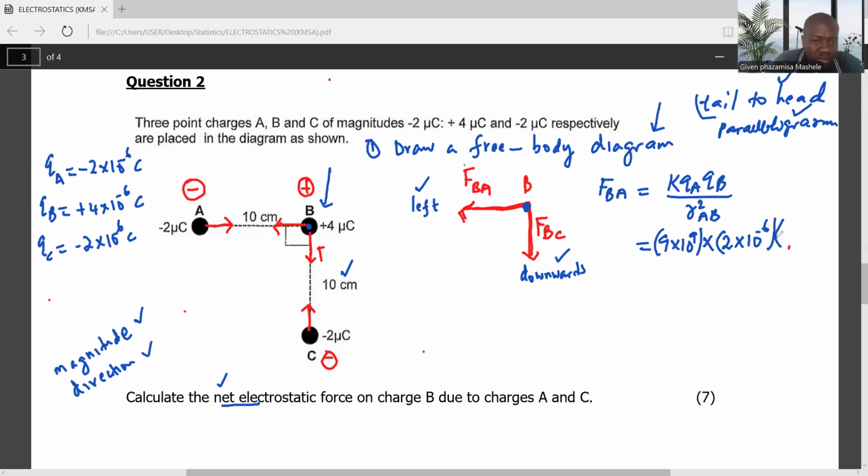And the charge on B is 4 times 10 to the power minus 6 coulomb, divided by the square of the distance between A and B, which is 10 centimeters, so 10 divided by 100, which gives us 0.1 squared.